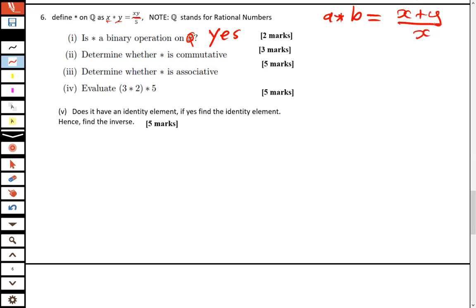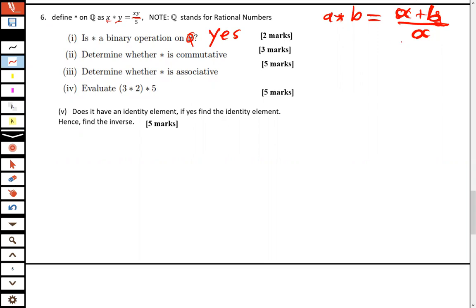On this operation, star is not a binary operation on the set of rational numbers.